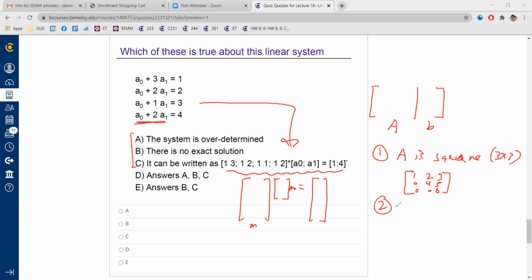Case 2 is the overdetermined, over det. This is where you have more equations than unknowns. It's like you have more information than you need.